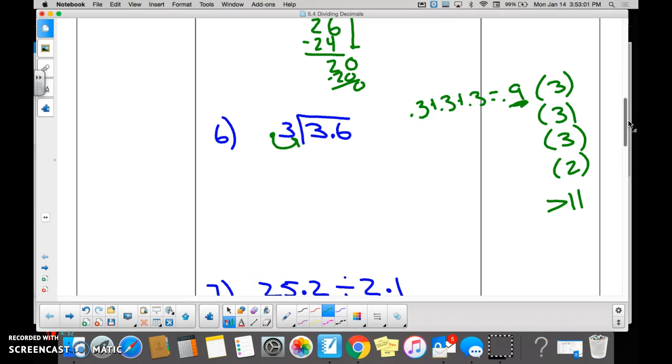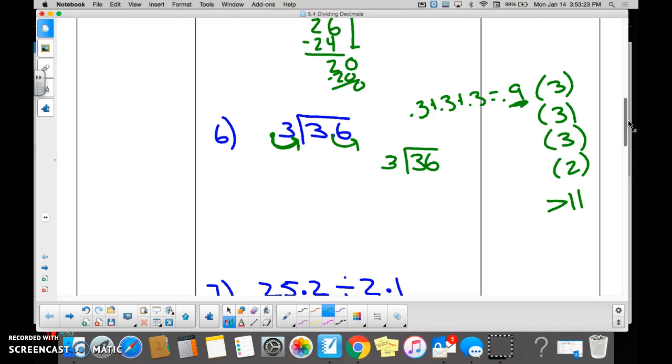Moving this over 1 spot is the same as multiplying by 10, so you're going to move the decimal over 1 spot in the inside number, or multiply it by 10. So then you would rewrite your problem as 36 divided by 3, instead of 0.3 and 3.6 inside the box.